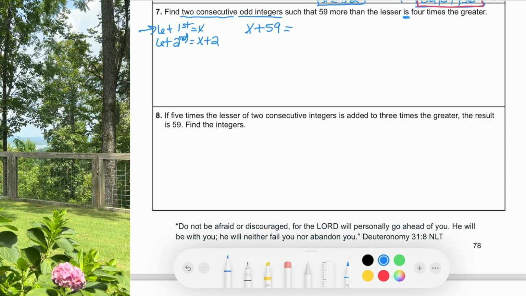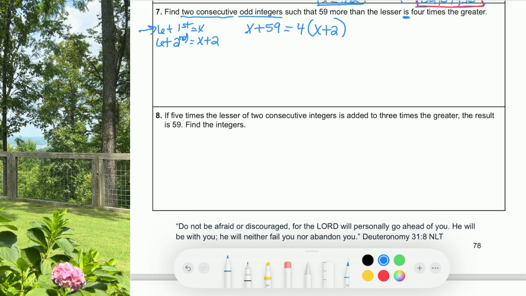And then it says is, so that's equals, 4 times the greater. The second number is always going to be greater than the first number because, again, we're counting in order. So 4 times x plus 2. Now we can distribute. So I have 4x plus 8.